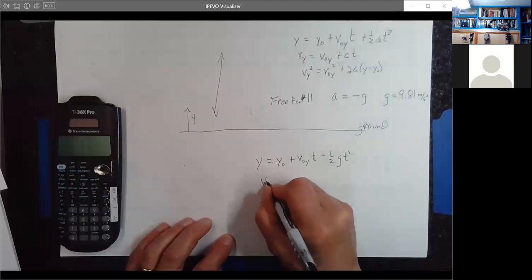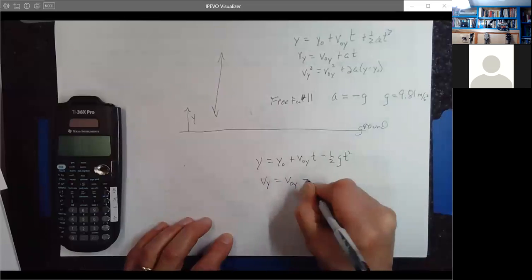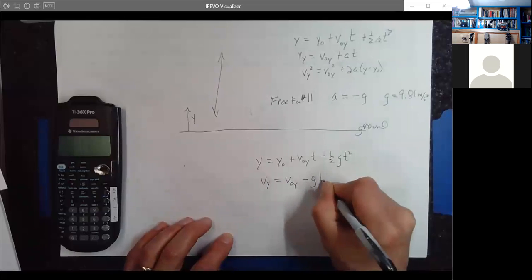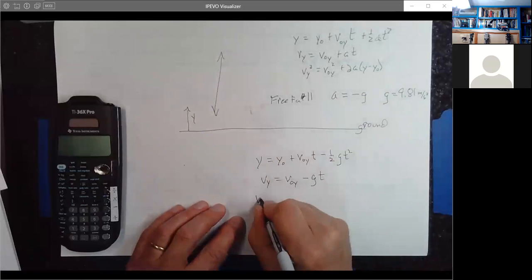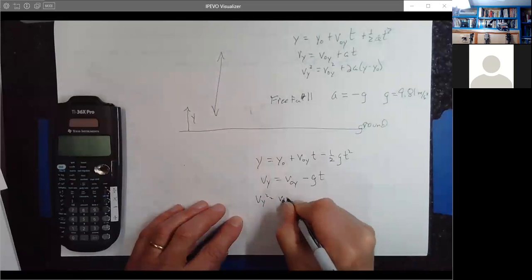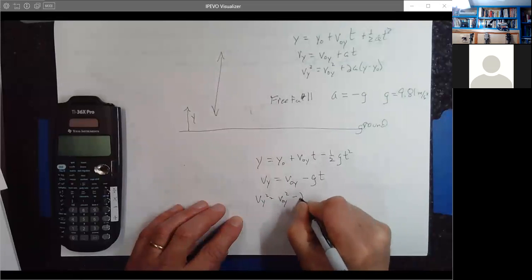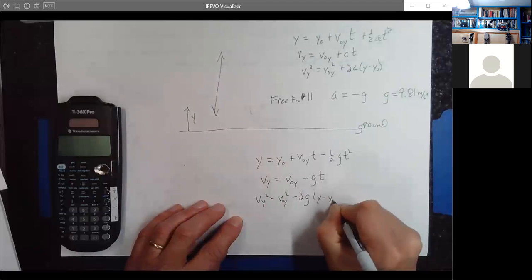The v sub y will equal v naught y minus g t. And let's see, this one becomes v sub y squared equals v naught y squared minus 2g times y minus y naught.